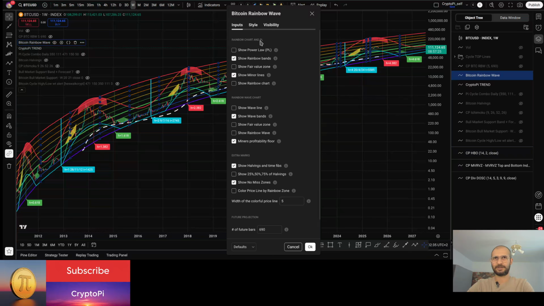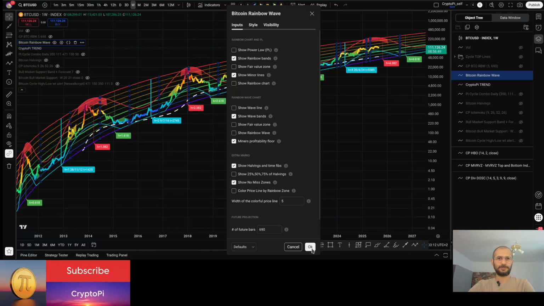One of them is based on the power law, then the wave chart is based on regression band, and there are a few other markings like halvings at different levels based on Fibonacci in the time direction. Some of this is called no-miss zones, which is also quite interesting. You can switch on color price line by rainbow, and it will color code the price action over here.